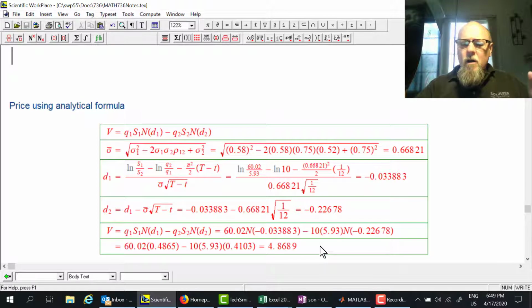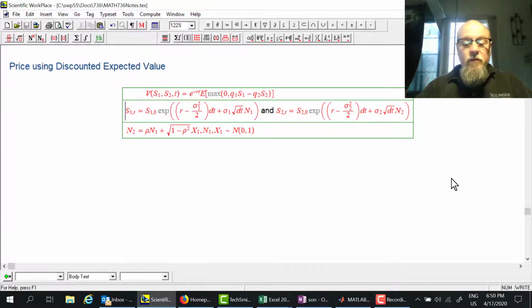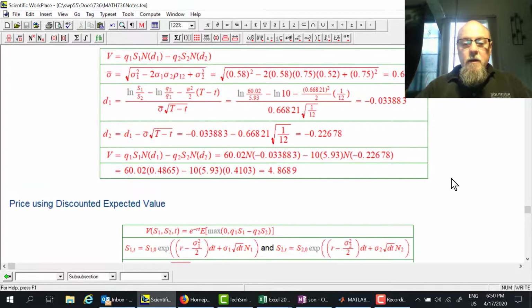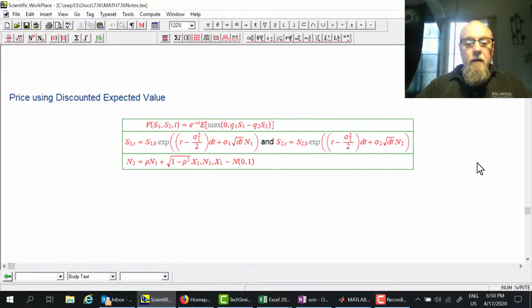So the Monte Carlo integration is a little bit under. Finally, we've got our other price using discounted expected value. Now, this is my favorite way to price things because it's easy. Here's the payoff, the expected payoff.